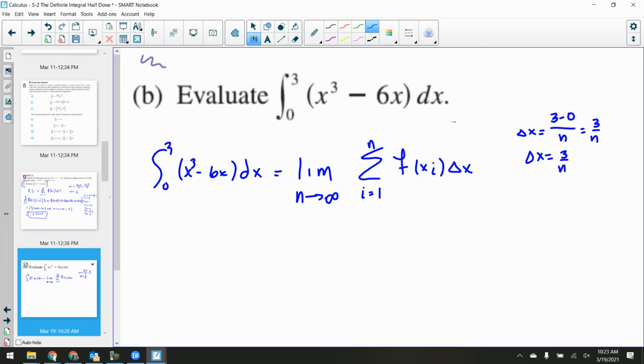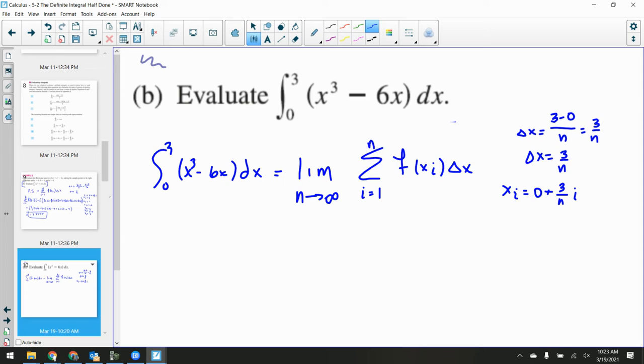Well, that means that my xi is my original value, 0, plus delta x times i. Right? That's the formula. So 3 over n times i.